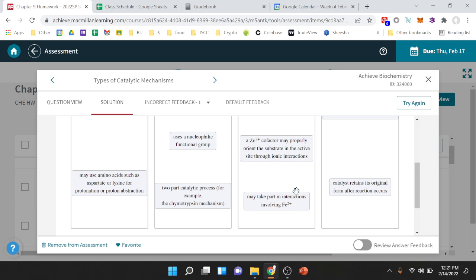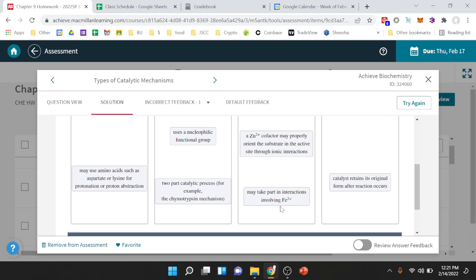So complex. That's like a General Chemistry 1 first week problem, isn't it? May take part in interactions involving Fe2+. Oh my, this one's... So that's again a metal ion, isn't it? And so this is probably a metal ion, right?